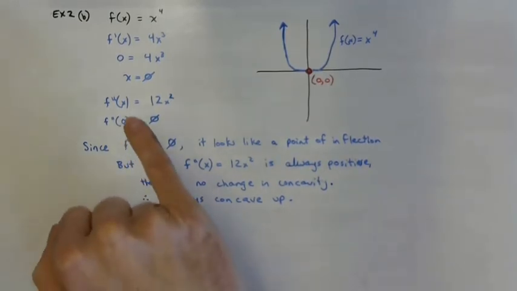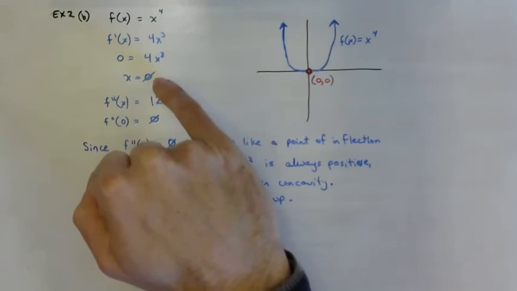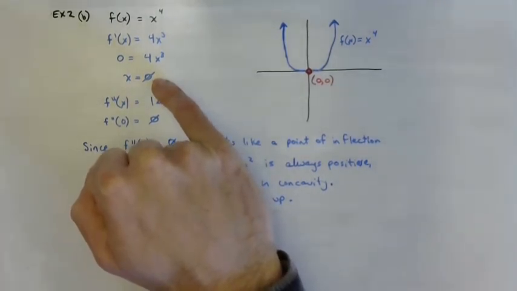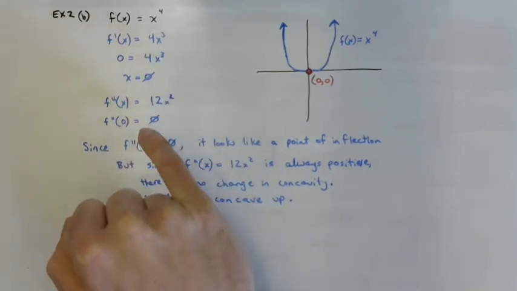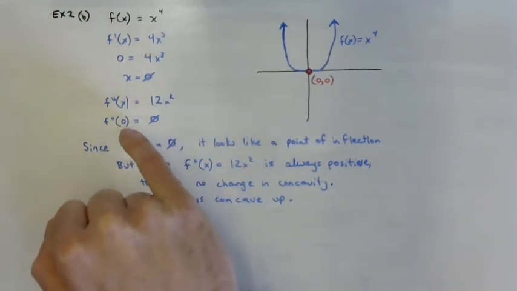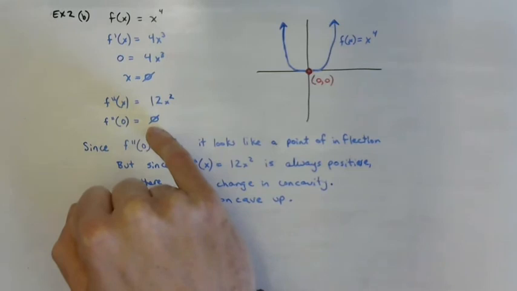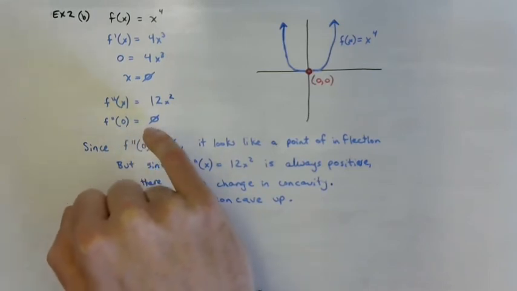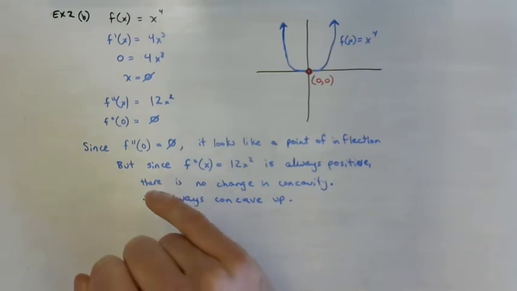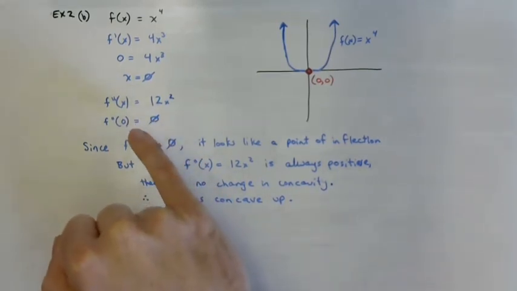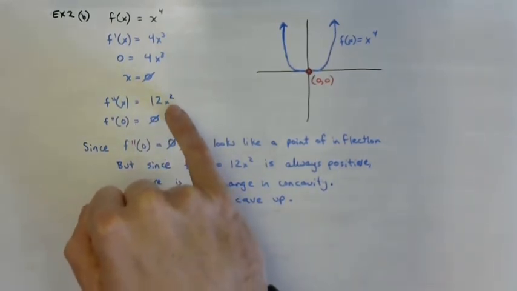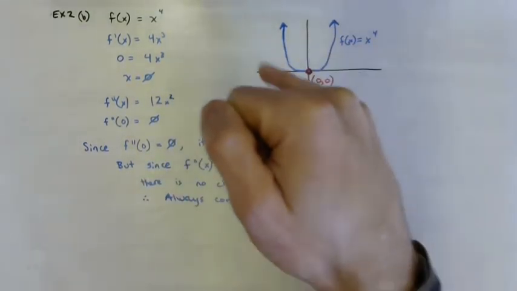So the first derivative, we found some critical points. It was 0 at x equals 0, but x equals 0 ended up not being a point of inflection because the second derivative was also 0. It wasn't greater than or less than 0. It's only ever greater than 0 or 0, so there's no change.